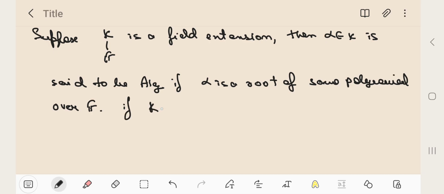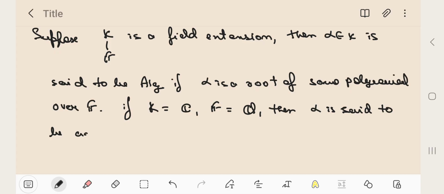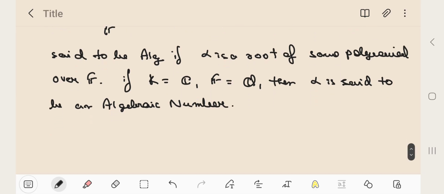If K is the complex field and F is the rational field, then alpha is said to be an algebraic number. Clear?